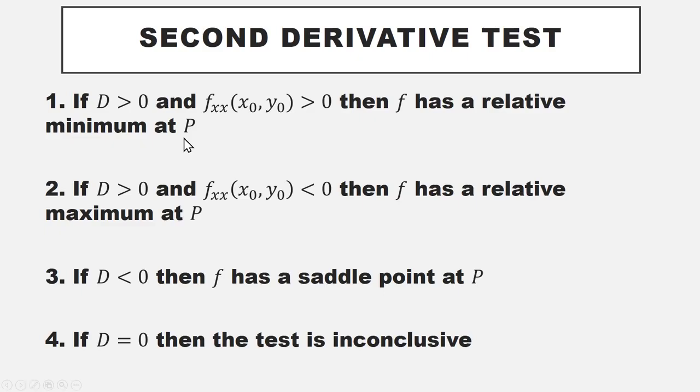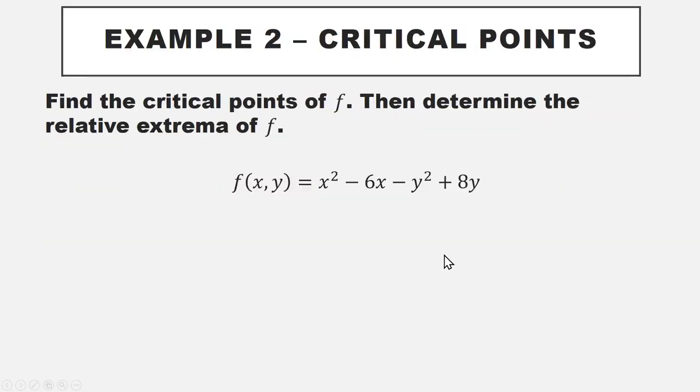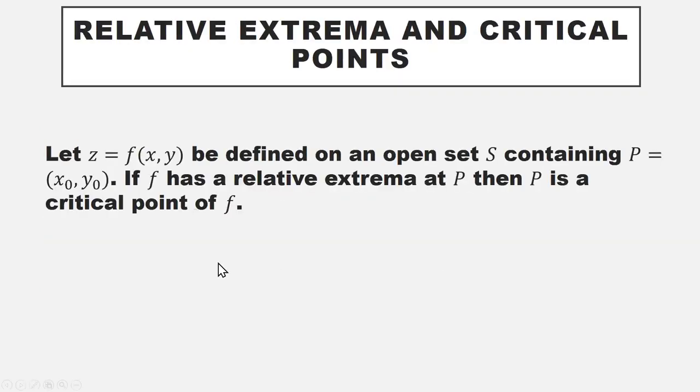Now, we can't just go ahead and plug in any P into this. These P's, remember from the last slide, we have to start with a critical point in order for this test to make any sense. If we don't have a critical point, because of this relationship, then there's no hope for a relative extrema.